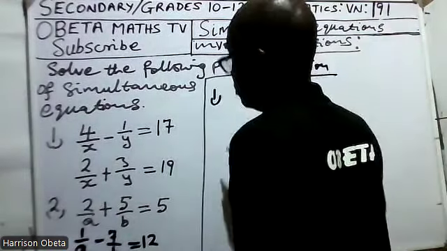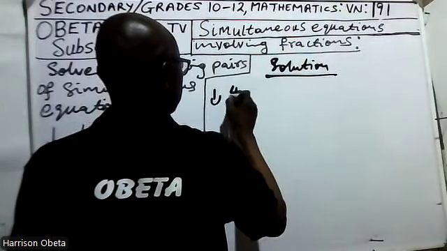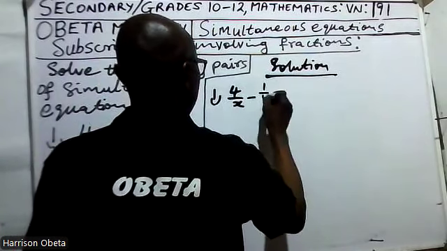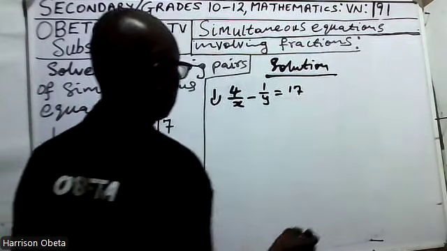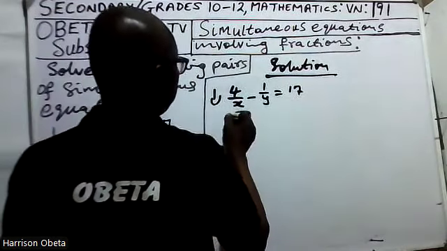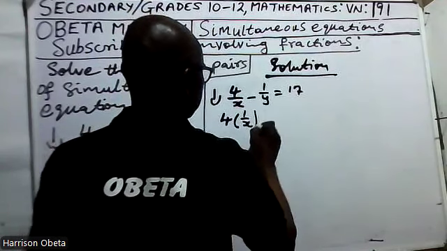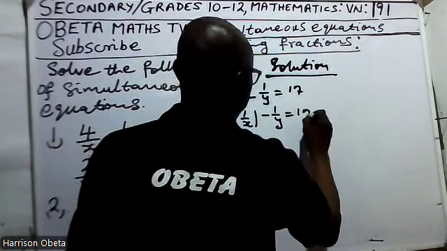Number 1, 4 over x minus 1 over y equal to 17. I can rewrite this to be 4 bracket 1 over x minus 1 over y equal to 17.